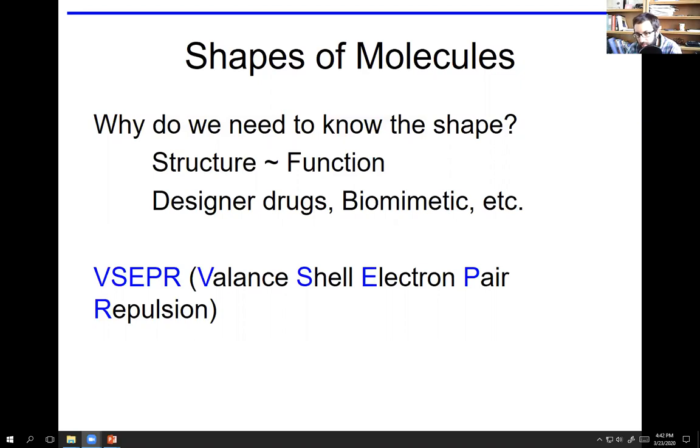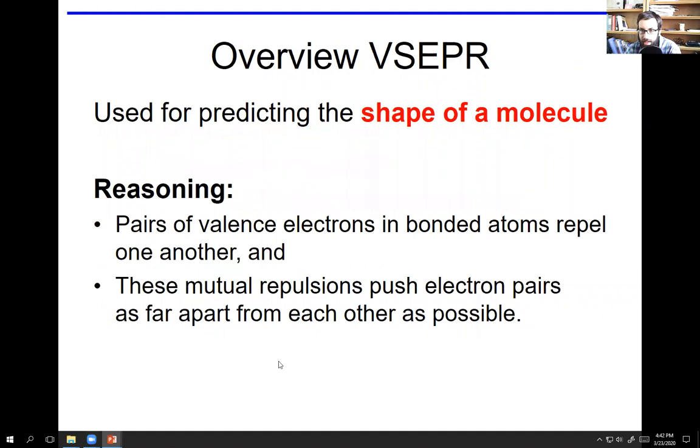Okay, so I mentioned we're going to be talking about this VSEPR theory. You don't really need to know this acronym. It's one of those things that it's just easier to see through examples. We're going to be predicting the shape of molecules, and the whole theory behind this approach is that you have pairs of valence electrons.